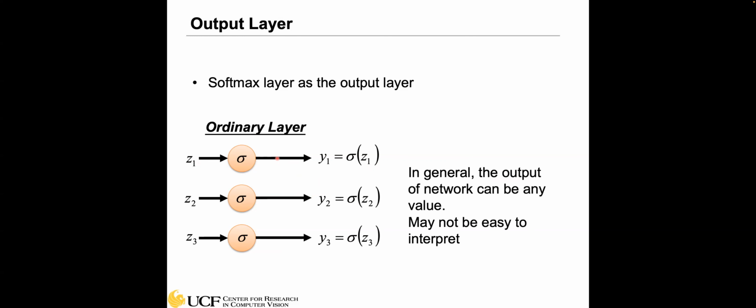But these values may not be easy to interpret. Let's say the outputs are -5, -10, and 20. What do these values mean? If you're doing image classification, how do you use these values to make a decision?